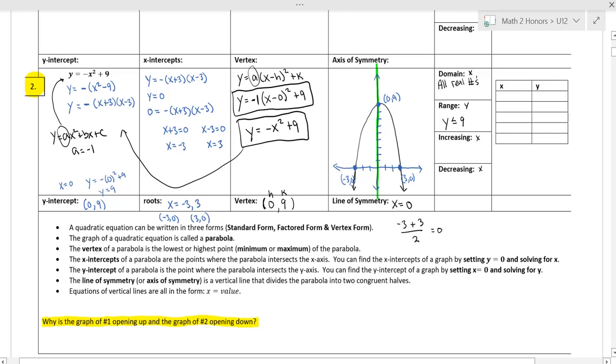And then you hit the top, and then it's decreasing after the vertex, right? So it's increasing when x is less than 0. It's decreasing when x is greater than 0. We could also say when x is less than or equal to 0, or x is greater than or equal to 0. I'm okay with either one.